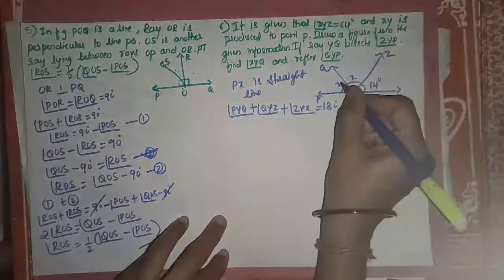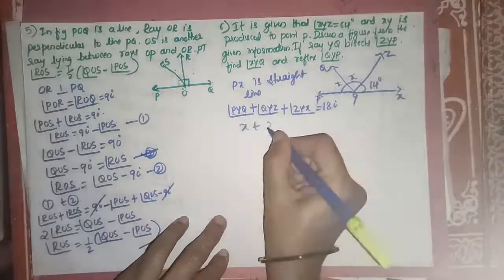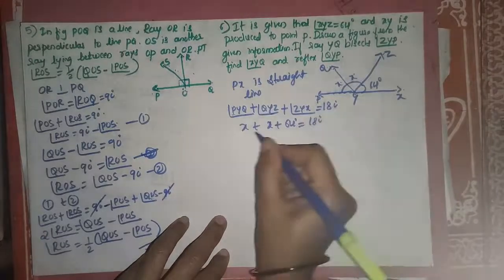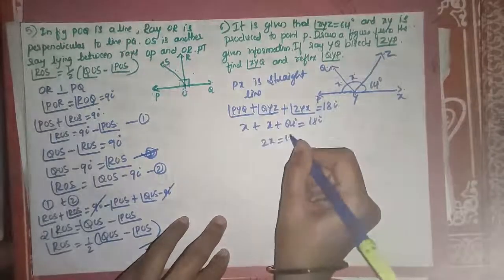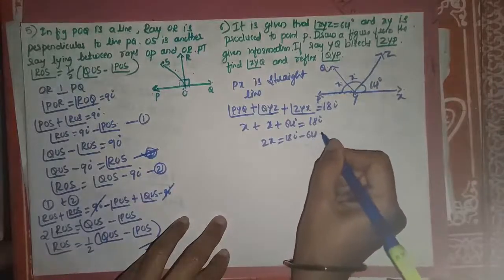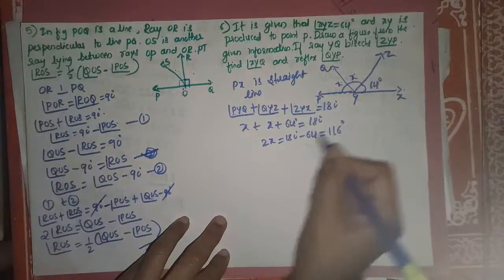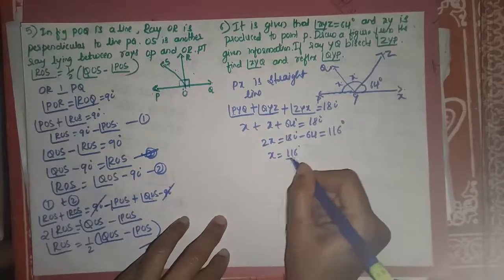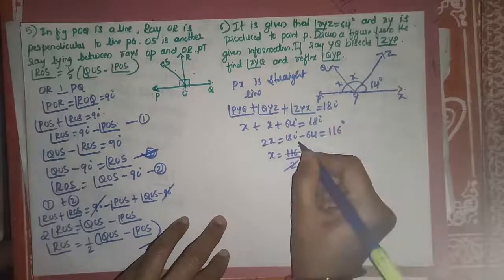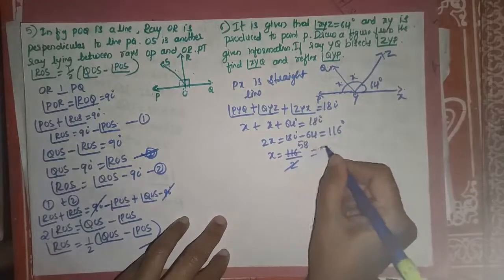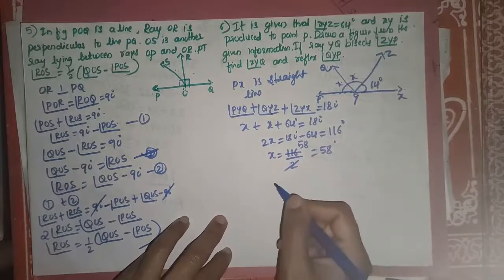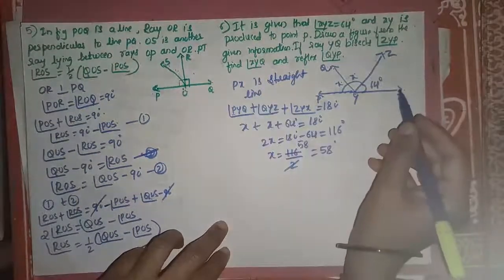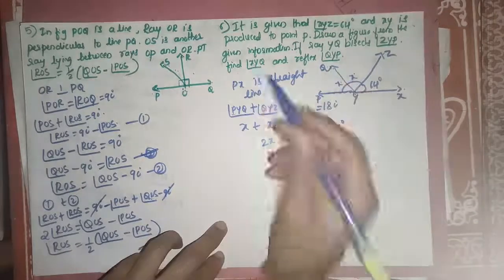PYQ is X, this is also X, plus 64 degree equals 180 degree. So X plus X is 2X, then 180 minus 64 is 116. Then X is 116 divided by 2, that is 58 degree. So then here we have XYP. We need to find out XYQ.